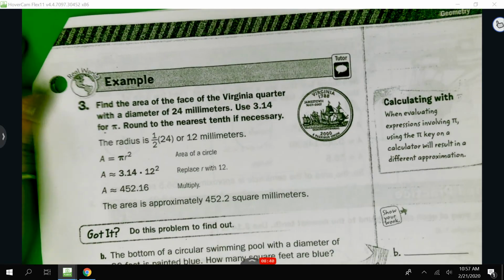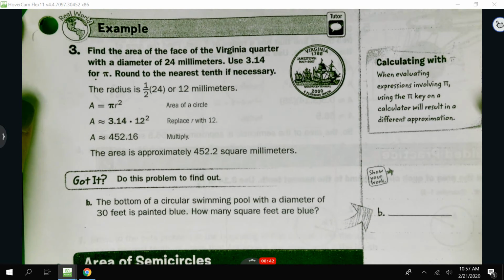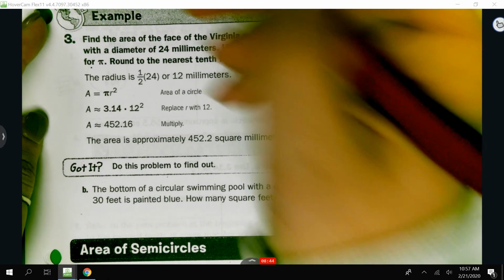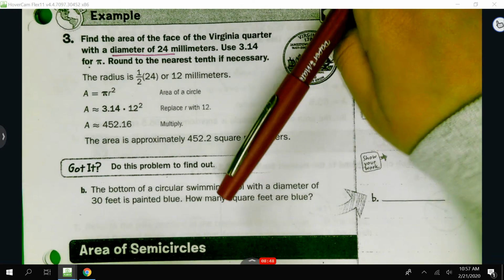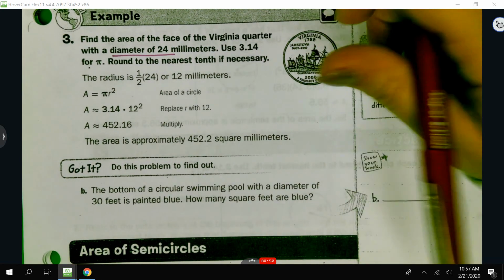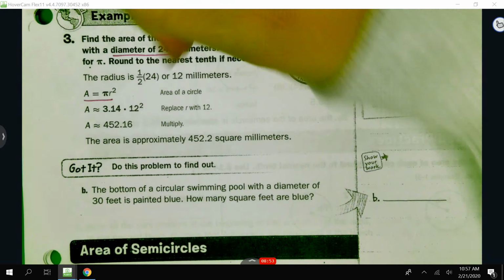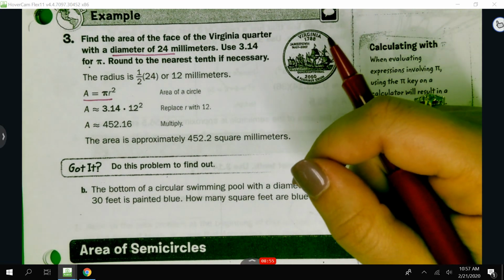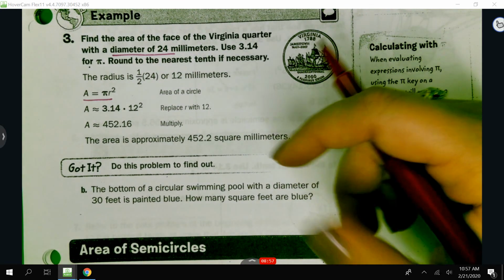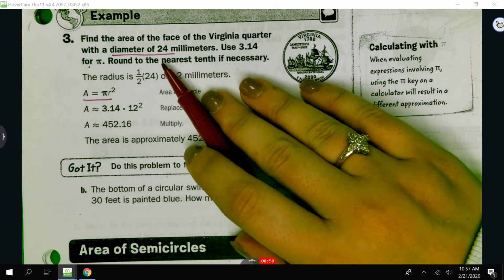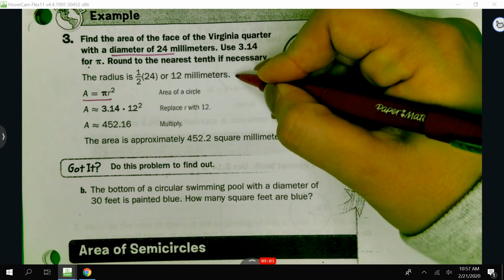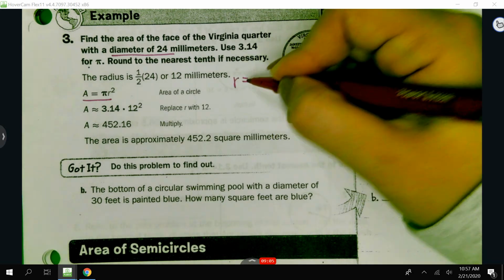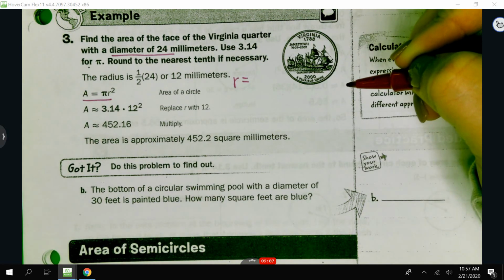Okay, example number 3. It says find the area of a face of a Virginia quarter with a diameter of 24 millimeters. Use 3.14, round to the nearest tenth. So again, remember my formula is A equals pi r squared. Do you know what R is right off the bat? Did they give you R? They gave me D. So that means I need to find R. So how do you do that again?